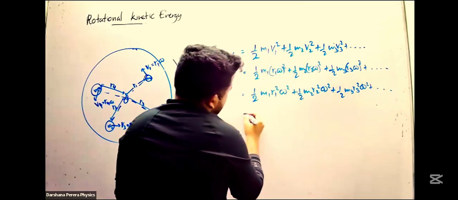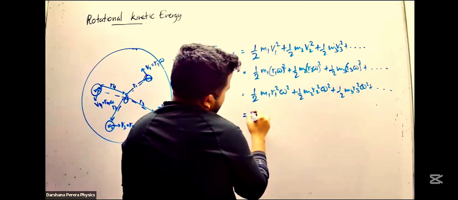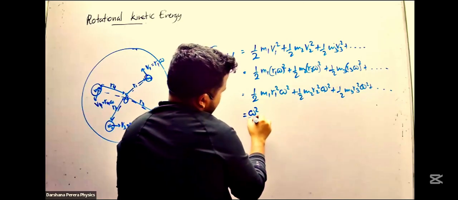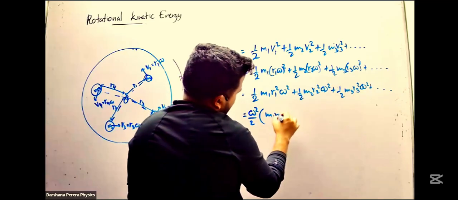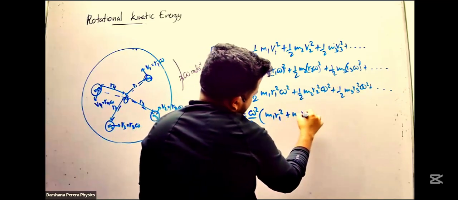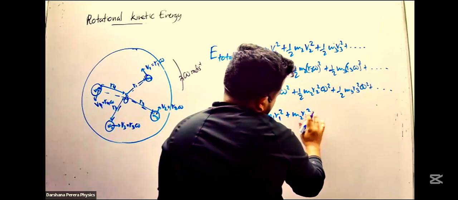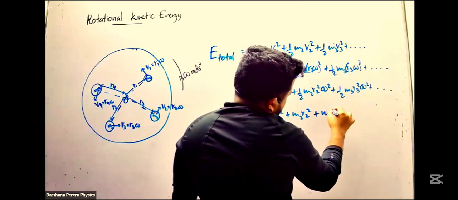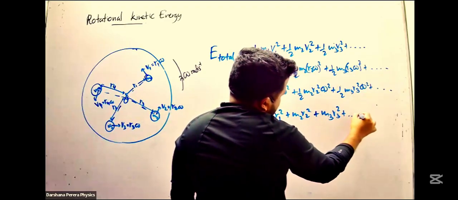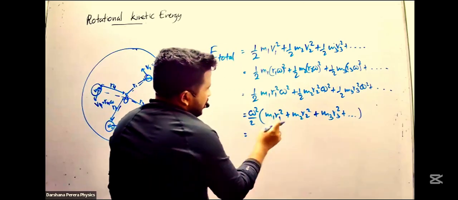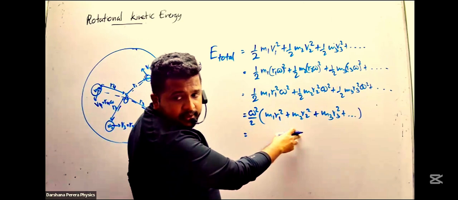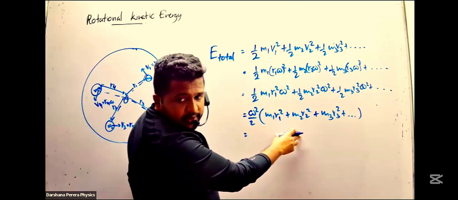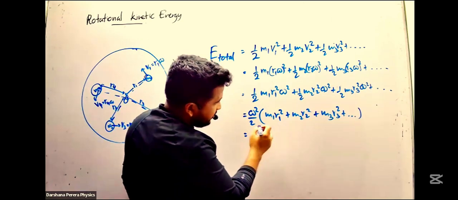We take omega square and half as common: m1 R1 square plus m2 R2 square plus m3 R3 square, three dots. What is this? This equals the moment of inertia. Previously we discussed, no?